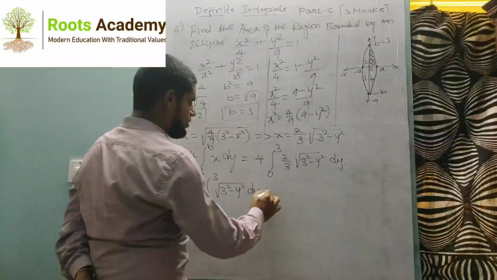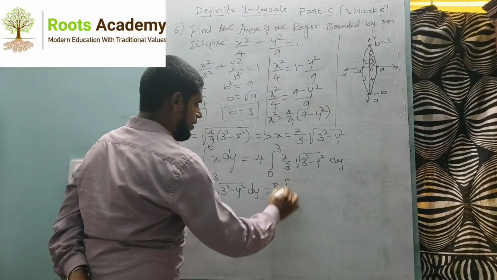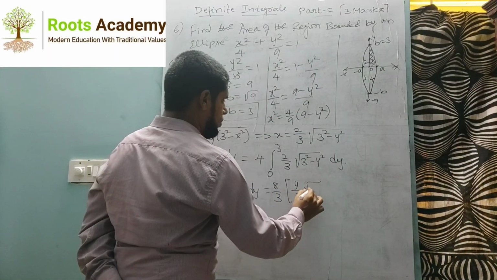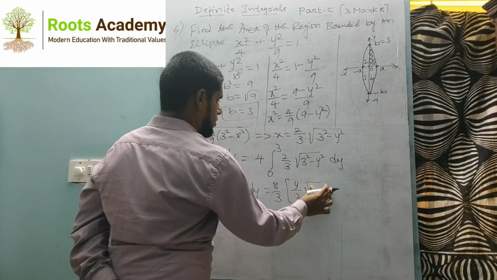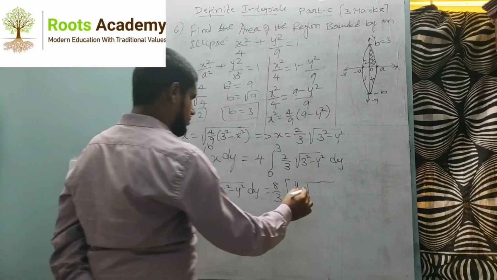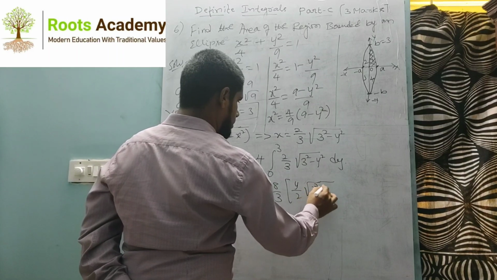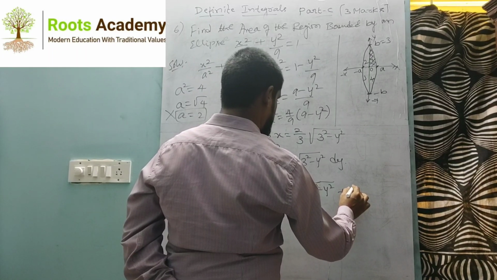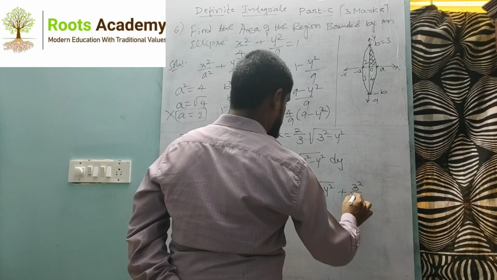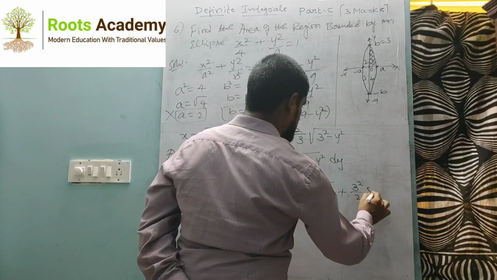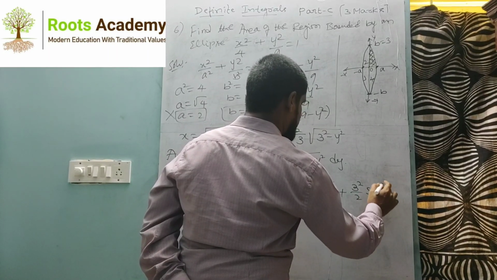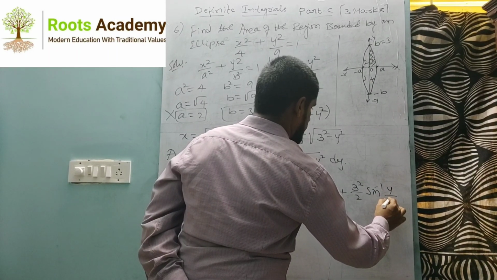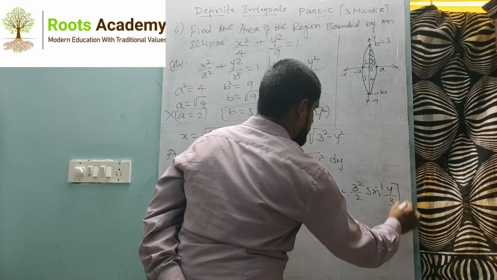Again the same formula. So first I will write the formula. Here this time the variable is y, so I will write y by 2 root of a square minus y square plus a square by 2 sin inverse y by a, from 0 to 3.